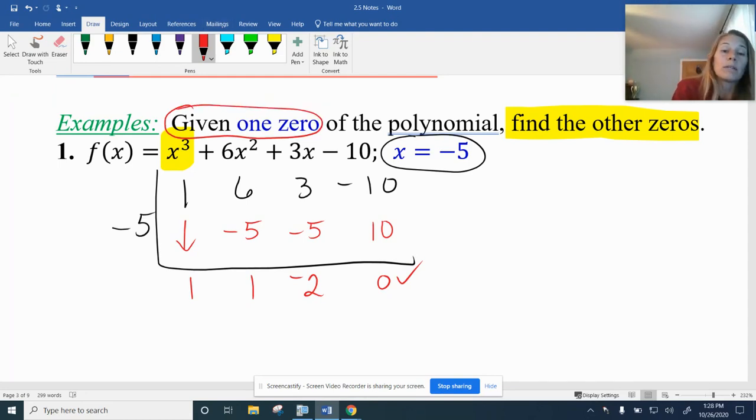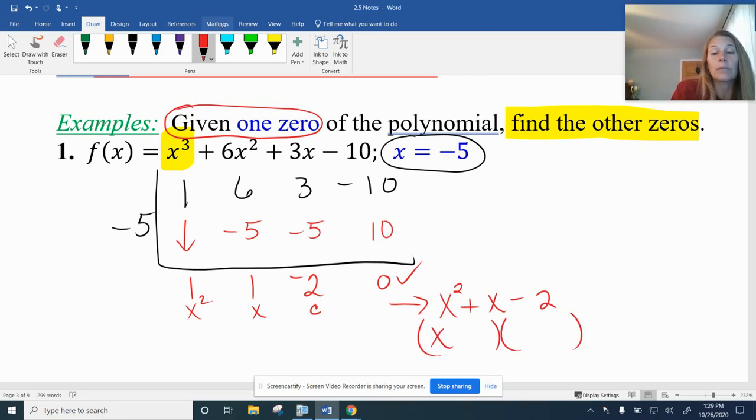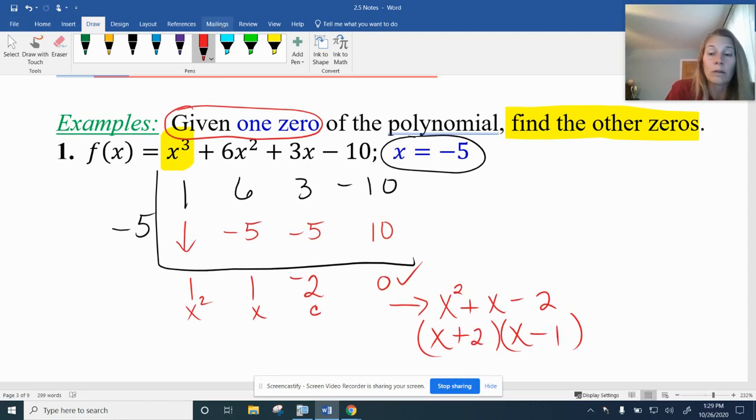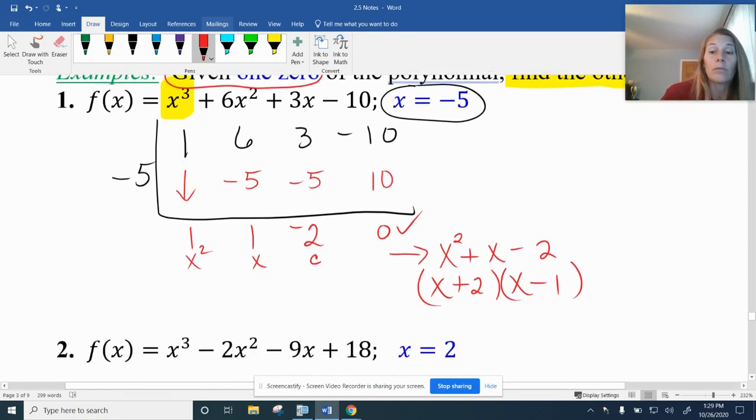So what we're going to use this for now is we're going to factor and solve the remaining portion. So this is now x squared plus x minus 2. So we would go ahead and factor it just like we did on the last page. The two numbers that multiply to 2 and subtract to get 1 are positive 2 and negative 1. And then we have to solve to get the remaining two zeros.